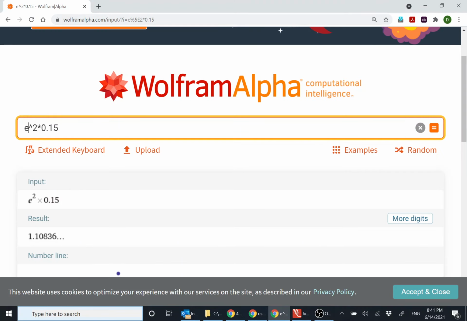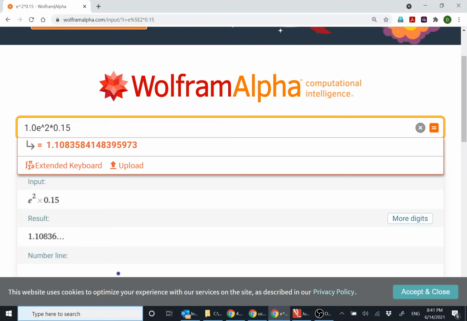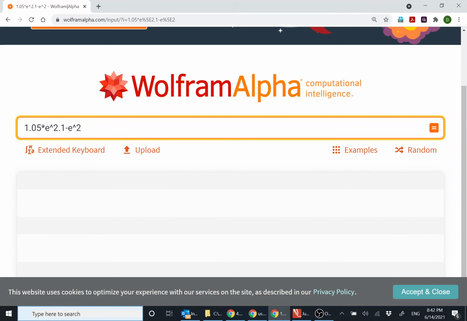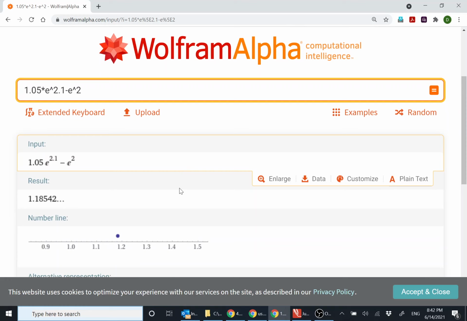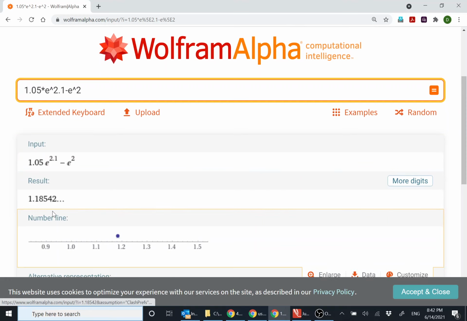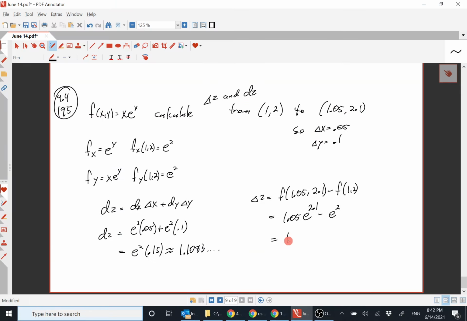So that's 1.1854. Right, so about 8/100ths off from each other.